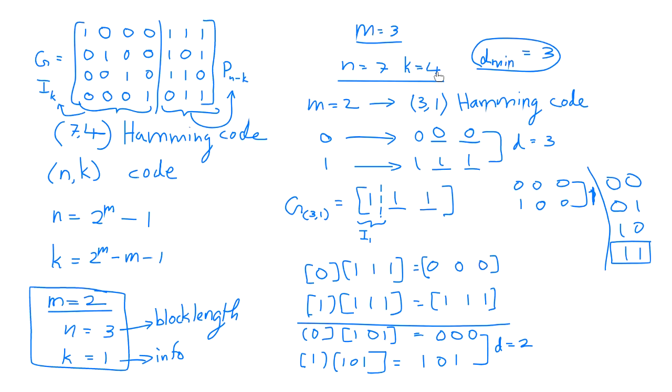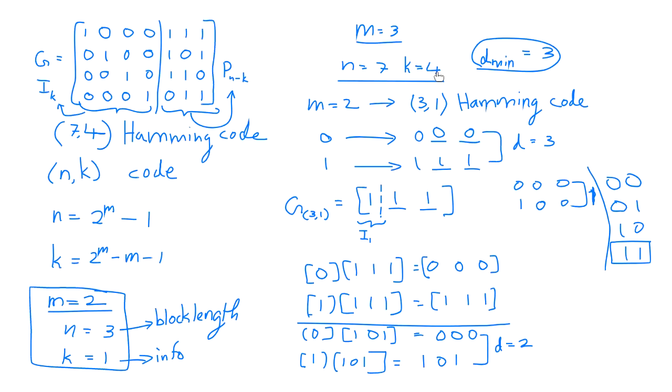Starting from 3, some code words have a distance of 4, some have 5, 6, and the maximum that you get is 7. When do you get the maximum distance? You will get it between all zeros and all ones, right? Because there are 7 bits. If I have a code word 0, 0, 0, 0, 0, 0, 0, and another code word 1, 1, 1, 1, 1, 1, 1, then the distance between them is 7.